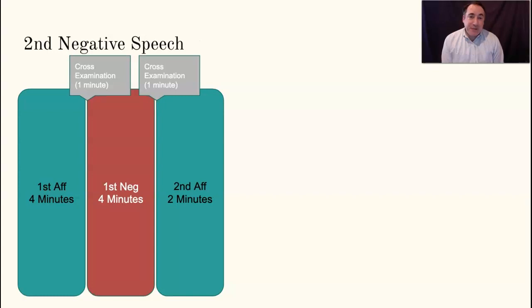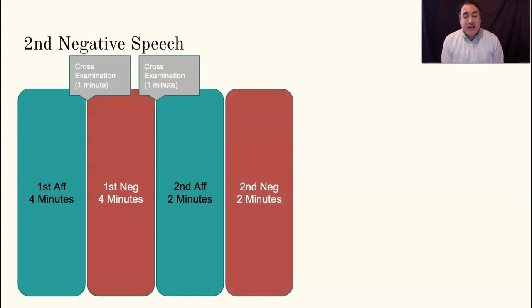Again, like a tennis match, we're now going to jump back over to the negative side. The second negative will have 2 minutes. This is the final negative speech in the debate. Again, you're going to have 2 responsibilities. First, to rebuild your negative case. Remember, you presented your negative issue 3 and negative issue 4 in your first negative. The affirmative debater just got up and refuted those. Now it's your chance to rebuild them.